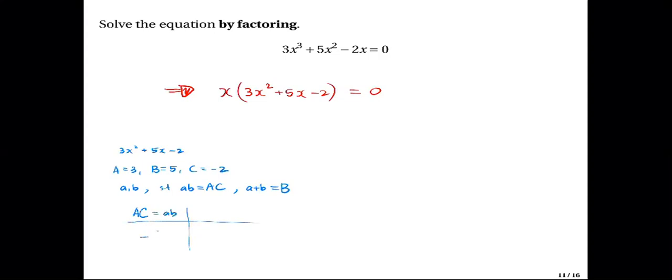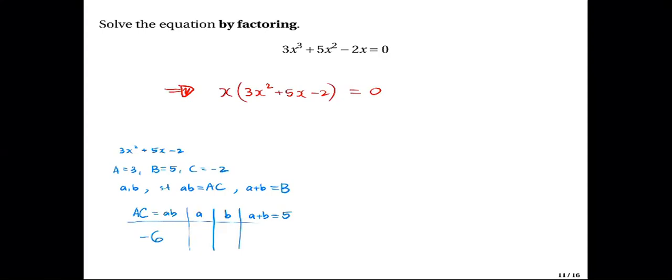Okay, so this is just negative 6. Then we want small a plus small b equal to capital B. Let's write what capital B is. It's equal to 5. So for this, you can use 2 and 3 as a combination, but one of them must be negative. Okay?